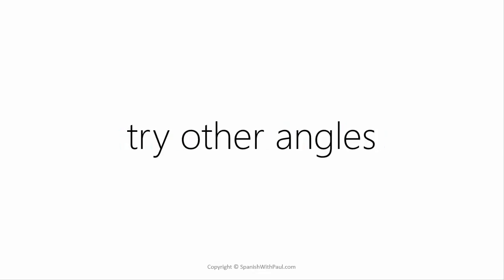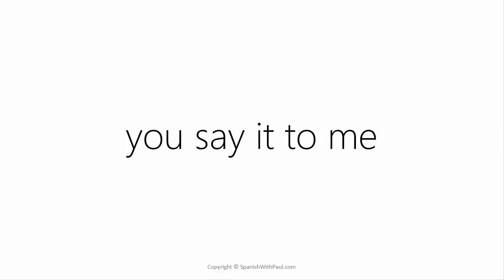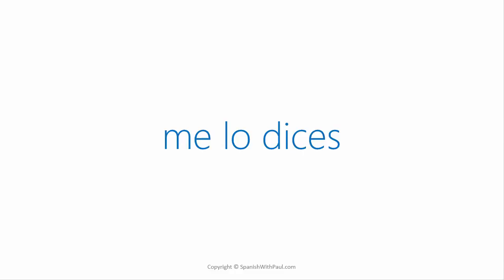Let's try working it now with some other angles. We're still staying with me lo for "it to me." Let's build up from, say, "you say." So we know in the present tense of decir, "you say" is dices. What about "you say it?" Lo dices. Now we want to express "you say it to me." How would you do that? Me lo dices.